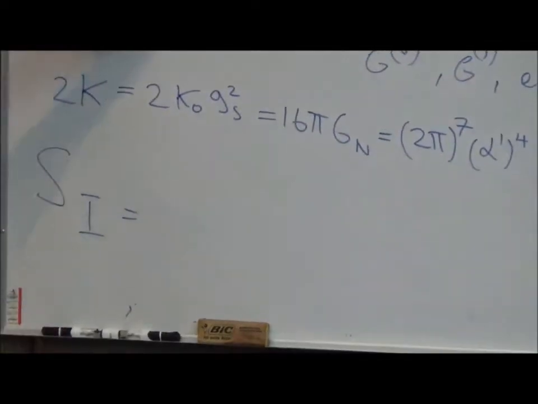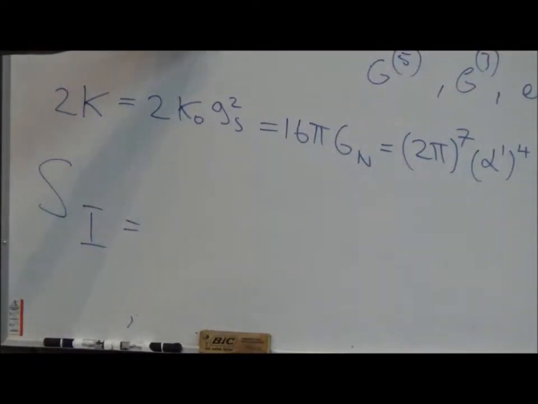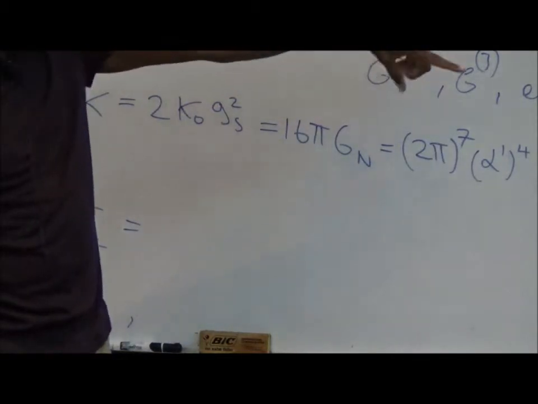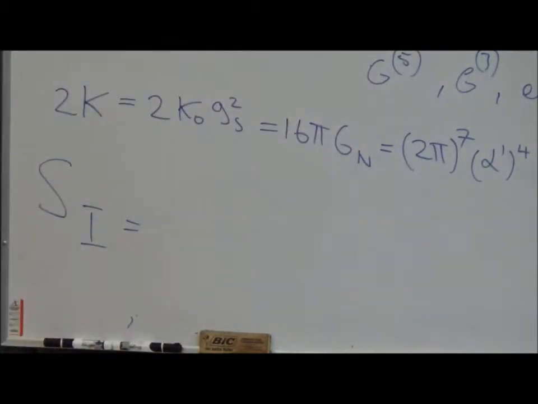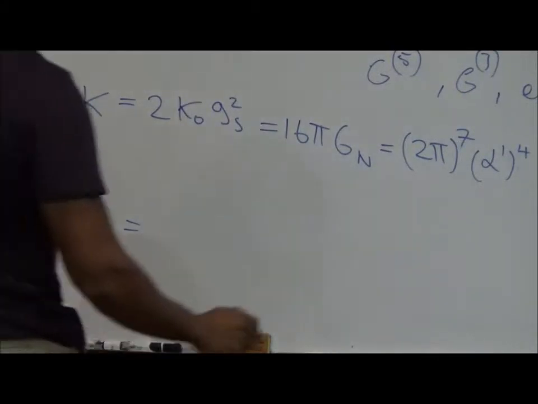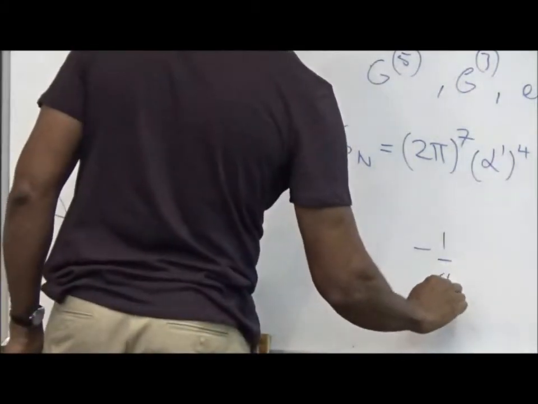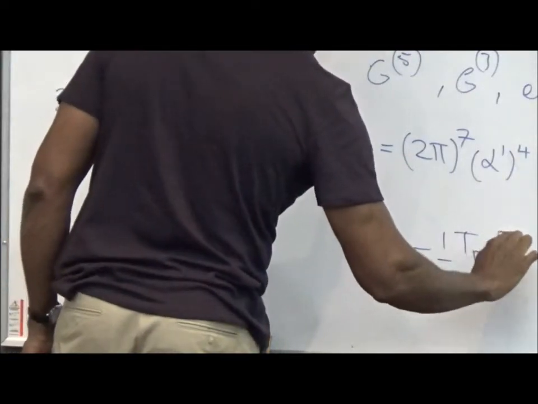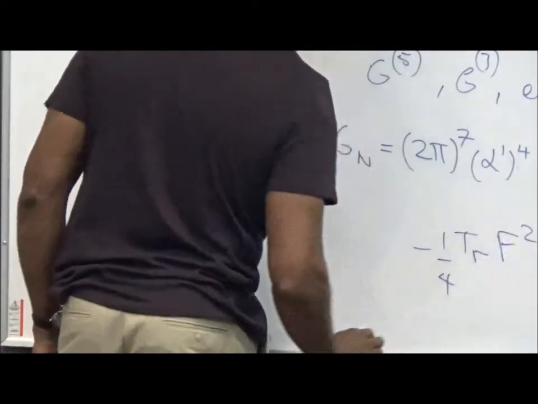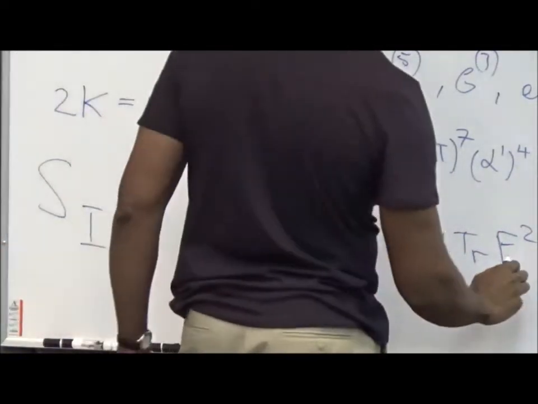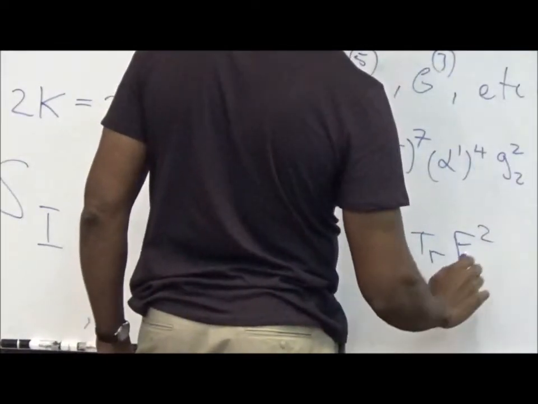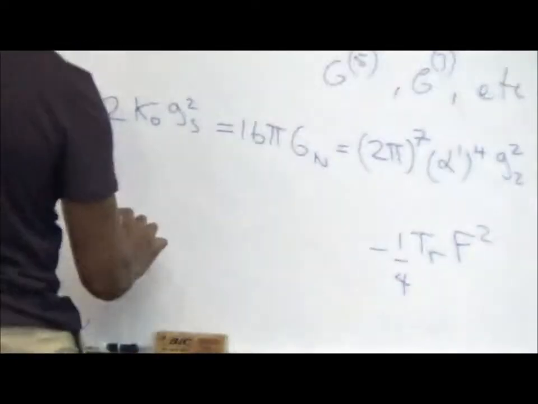Okay, so I could also write down an action for the type 1 theory, and you could get it in the way we did before. You start with the type 2b action, you throw out all the omega equals odd fields, and then you add in that SO(32) sector and some of those Green-Schwarz couplings that I was alluding to.